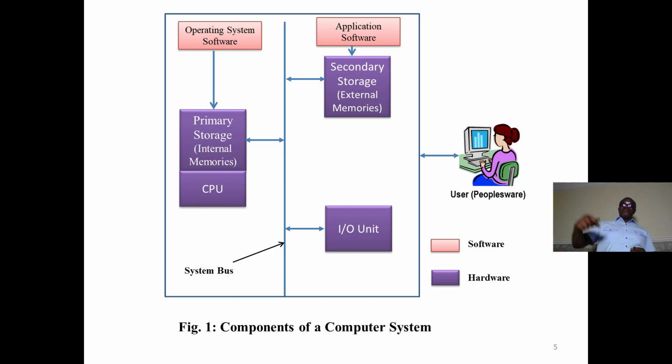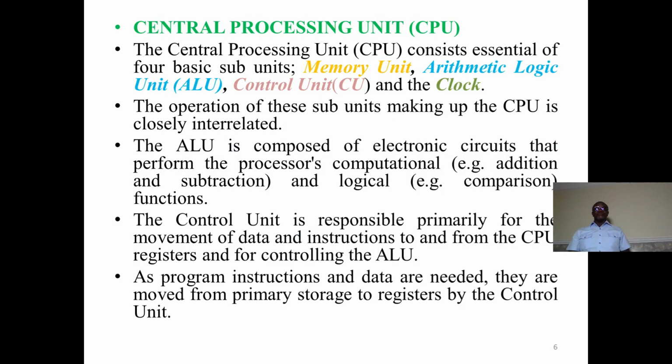Then you have the application software being fed to the secondary memory, while the operating system software is resident in the CPU. Then, of course, you see the person using that. And the line at the center is called the system bus. We will see exactly what they mean as we go on.